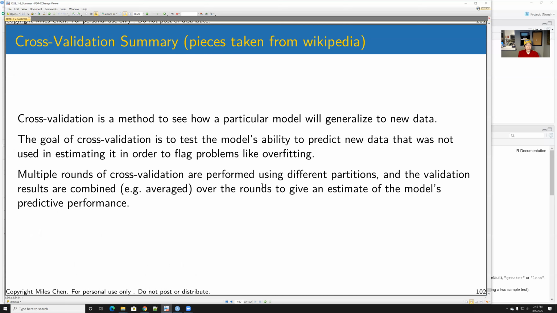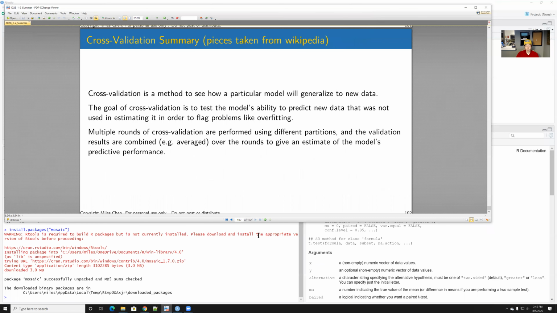All right, so in summary, cross-validation is a method that we can use to see how a particular model will generalize to new data. The idea is we've trained a model on some data, and then we're using it to make a prediction on data that was not used in the training process.